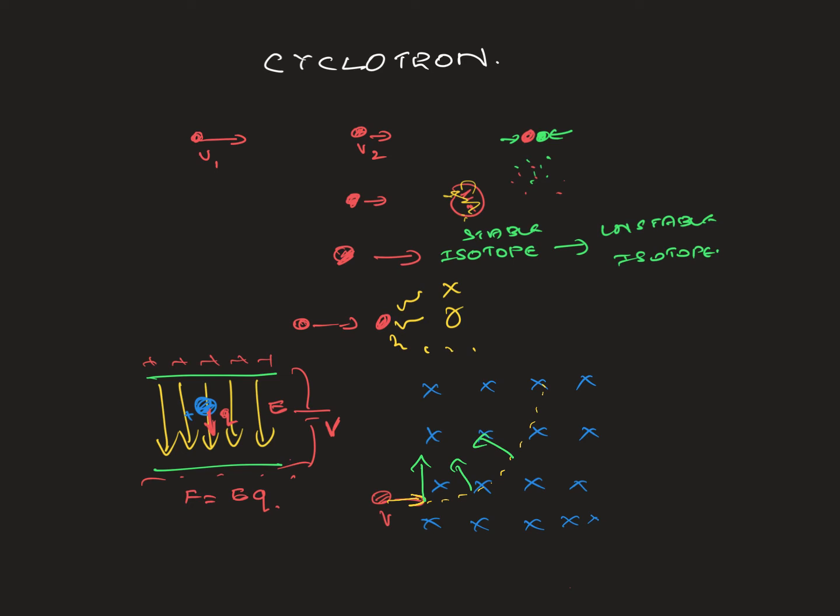They will be pointing to a point which is the center, so it will go through a circle. That force, because they are all perpendicular to each other, is given by F is equal to BQV. B is the magnetic field strength, Q is the charge of the particle, and V is the velocity.